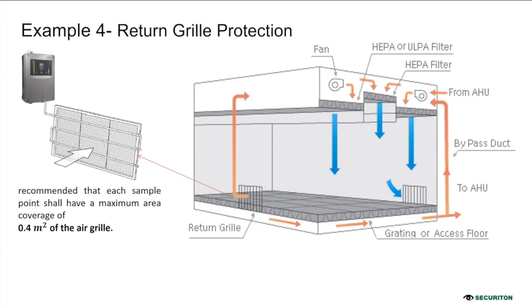We can mention that the air grill area shall be covered with more than one smoke sensor or point, whereby 0.4 meters square of coverage is recommended. If you have more than one grill, each of these grills shall be covered with one ASD, or in our case, we can use a 2-zone ASD to cover more than one grill as well.